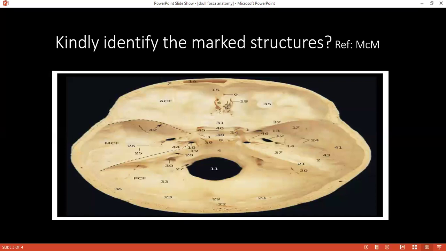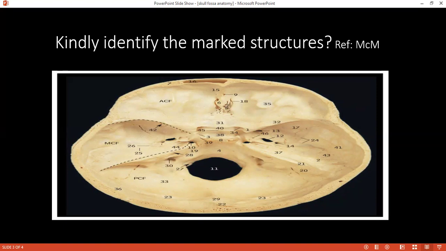If you can, by looking at all the apertures here, identify the jugular foramen, please. Which foramen is the jugular foramen? It is number 30. Yes, here. Good. All right. If you can please identify foramen lacerum.